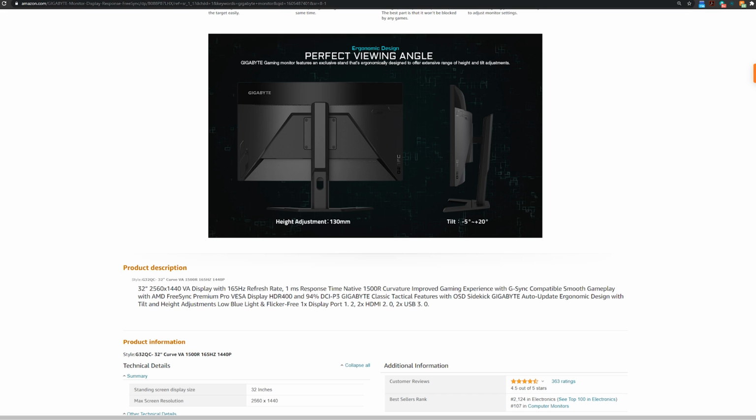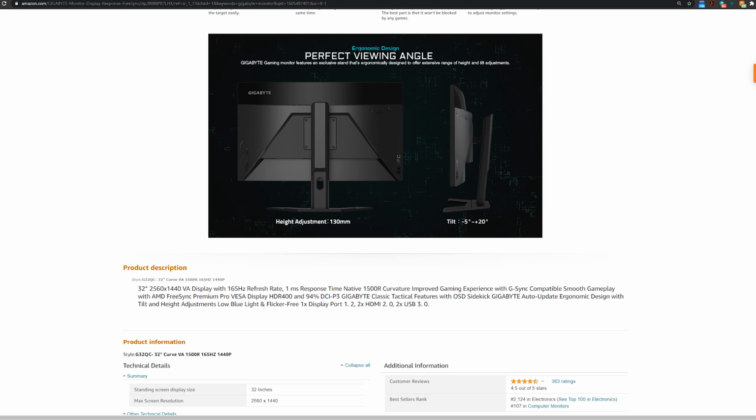The Gigabyte is going to be the extra USB ports, the height adjustable stand, potential better contrast ratio, and the lighting. Versus with the G5, you're looking at the better HDR and slightly better color accuracy. I'd kind of say that's a wash.